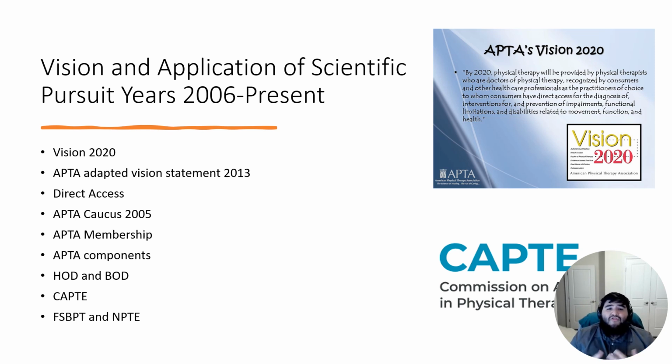Consumer centricity, basically, where we're our own salespeople. We need to sell physical therapy to our patients, make them believe in it so they know that we're not just here doing random exercises for nothing.